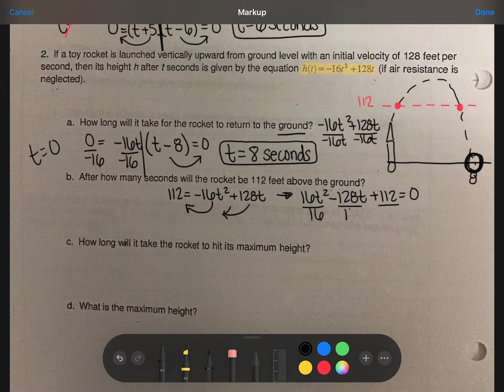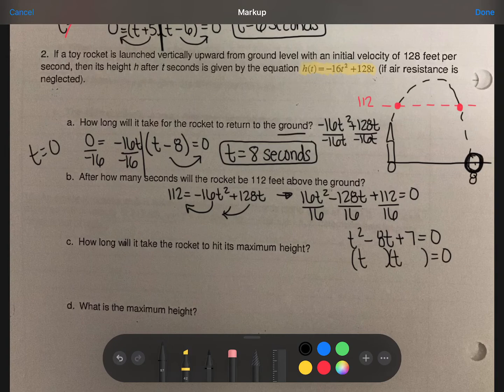I'm going to reduce this problem because right now it's pretty big. So I get t squared minus 8t plus 7. Now, not factored, it's reduced. Now I'm ready to factor.